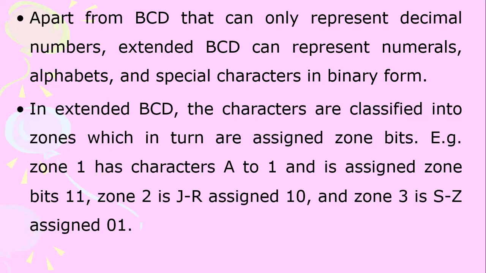For example, zone 1 has characters A to I and is assigned zone bits 1, 1. Zone 2 is characters J to R, assigned 1, 0. And zone 3 is characters S to Z, assigned 0, 1.